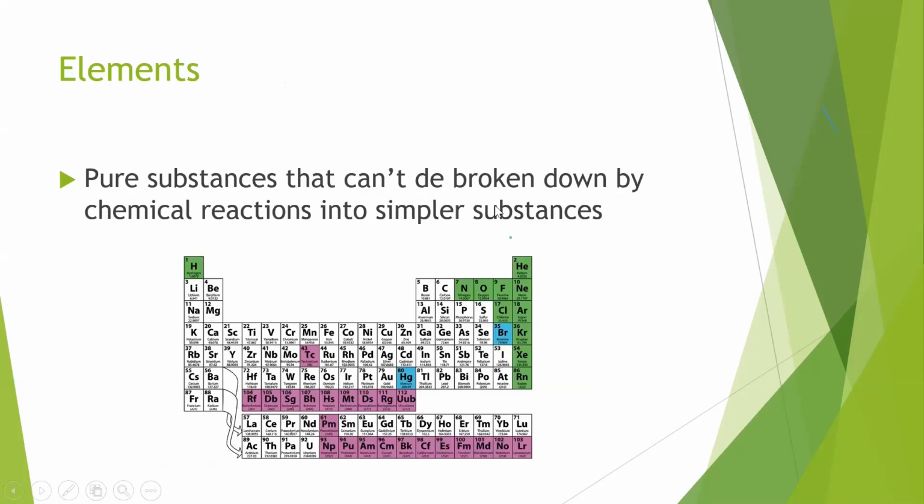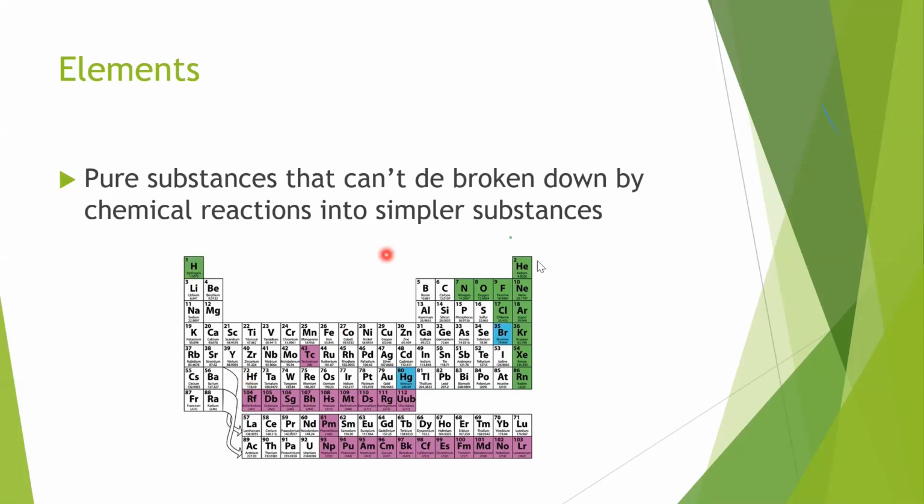So now I'm going to talk about elements. The thing below the picture is a periodic table, and each one of these squares is a unique element.